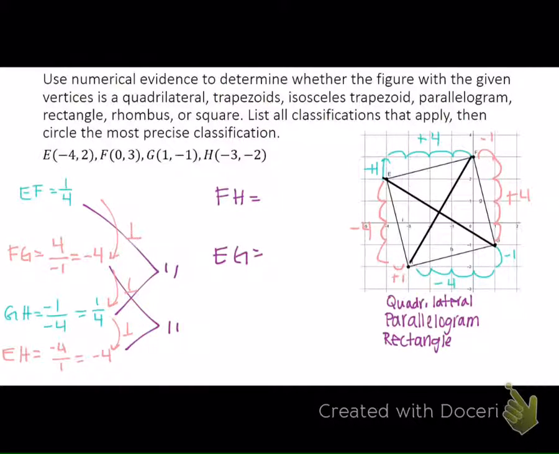So FH is up 1, 2, 3, 4, 5 over 1, 2, 3. So that's 5/3.